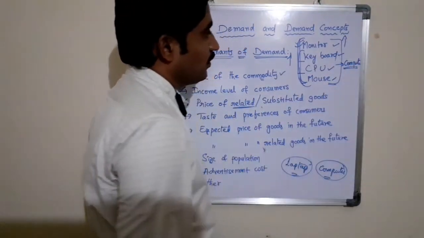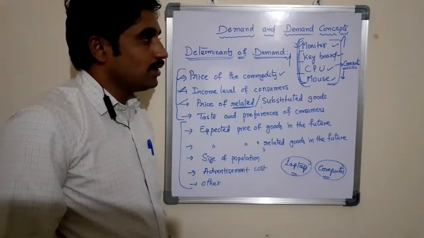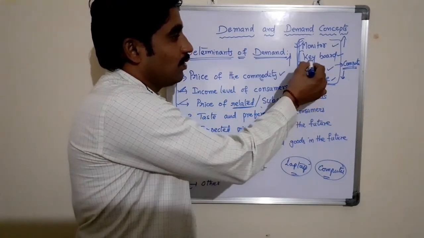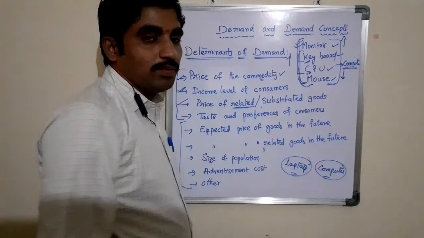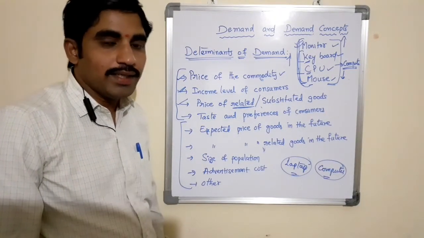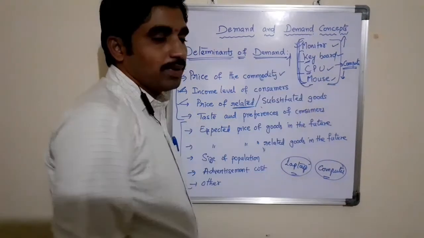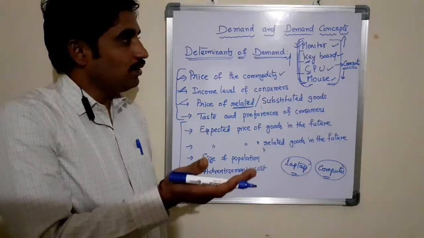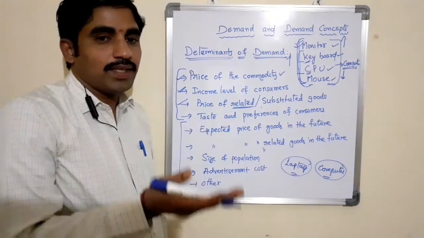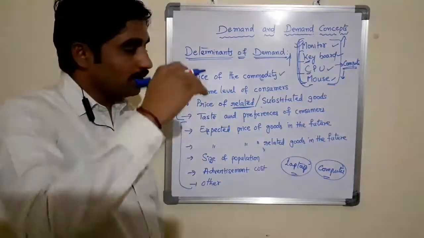Increasing the price of monitor, automatically there is a decrease in the quantity demand of keyboard, CPU and mouse. There is a negative relationship, or inverse relationship, between the complementary goods. If one spare part price is increasing, the remaining parts' quantity demanded will decrease.